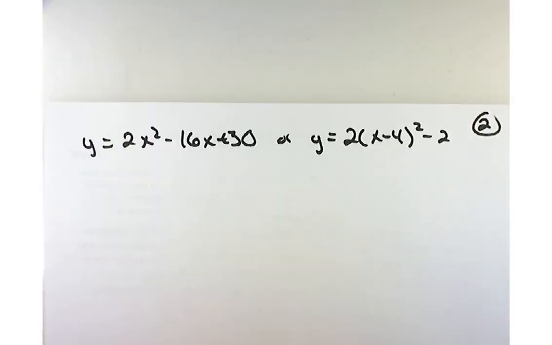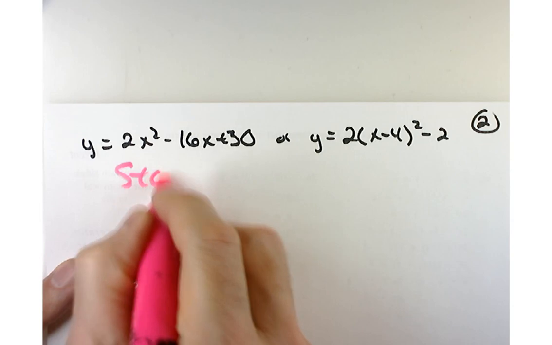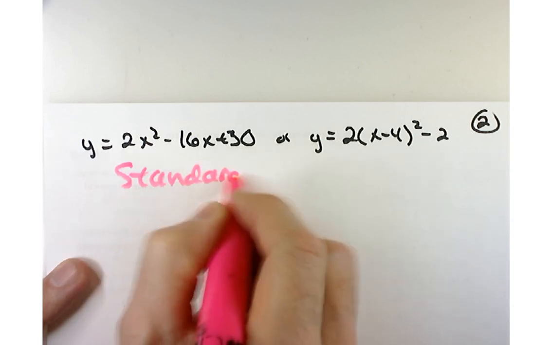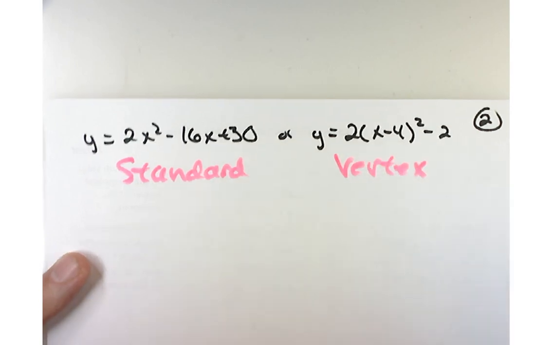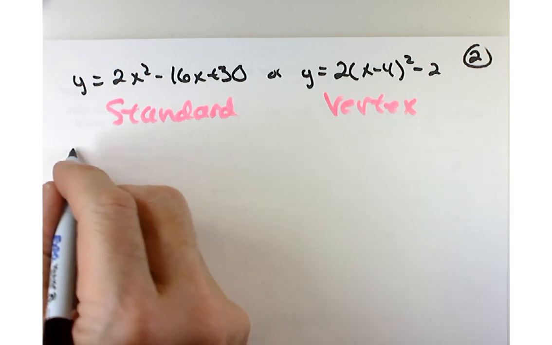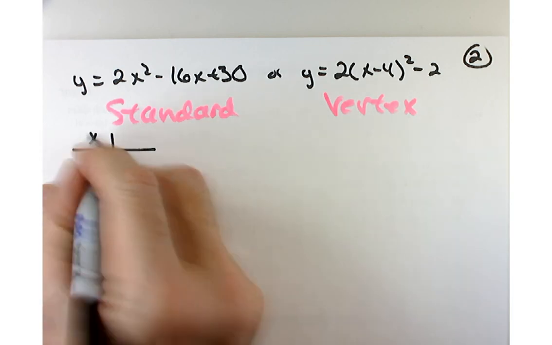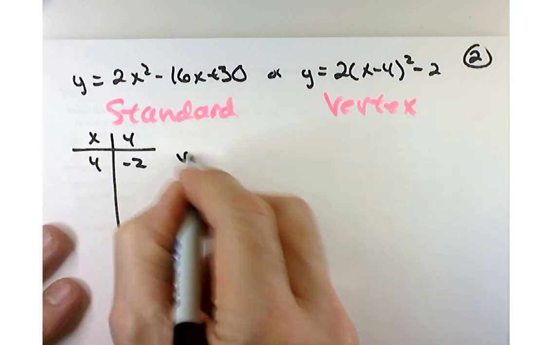Well, they're both good at doing different things. So this one's your standard form. This one's your vertex form. And at least we got the vertex for this, so that's a good start. X and y. So the vertex is 4, negative 2.